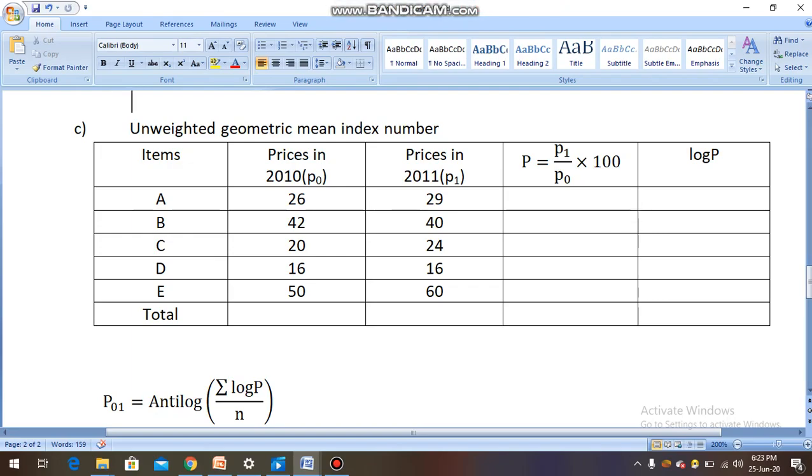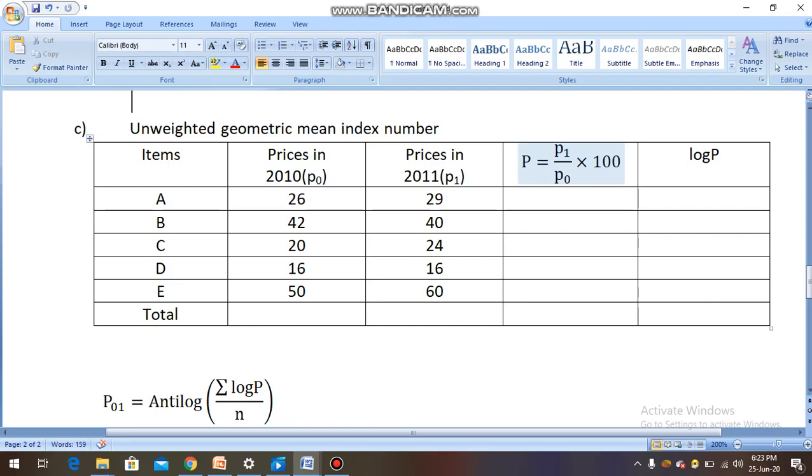We shall solve or construct the unweighted geometric mean for the same problem. The formula for that is P01 is equal to anti-log of summation log P by N. So, here also we need to do the calculation of price relative, which is capital P, and the calculation is same as we did previously, and the formula of that is P1 by P0 into 100.